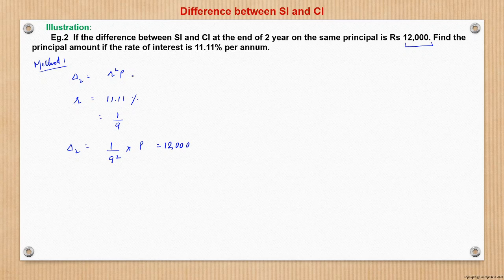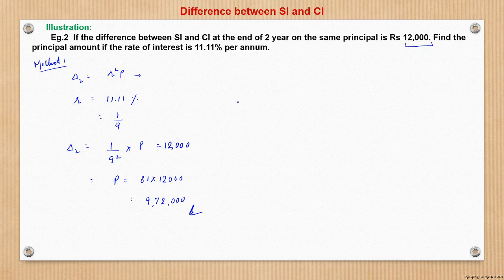This formula we had seen in the previous illustration. So from here we can say that p is nothing but 81 times 12,000, which is nothing but 9,72,000. This is the answer to this question.